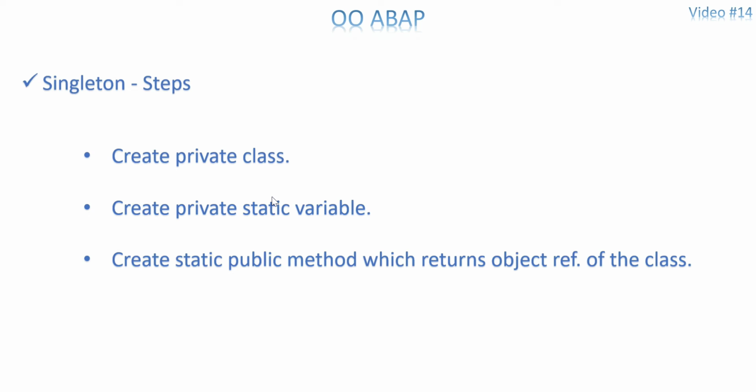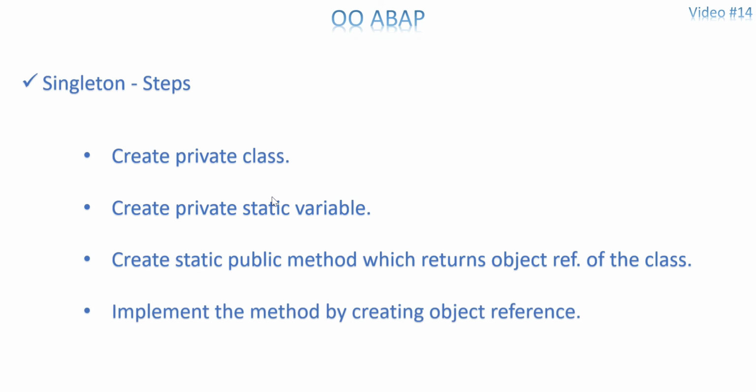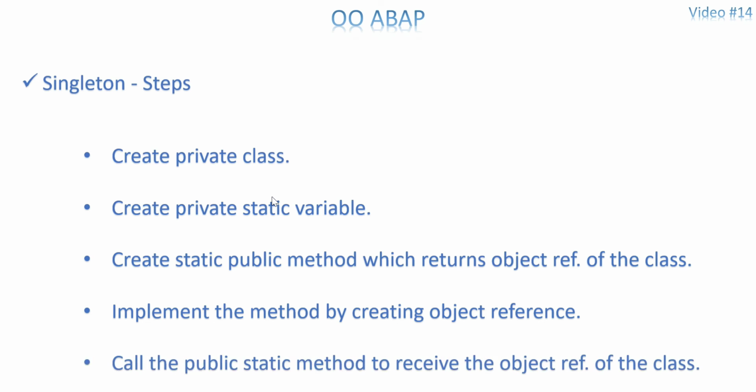That method has to create an object reference for your private class. Implement the method by creating the object reference, meaning inside the method you use the statement create object with the reference variable name. Then call the public static method from outside of your class to receive the object reference of your private class. These are the steps to be followed to create a singleton.